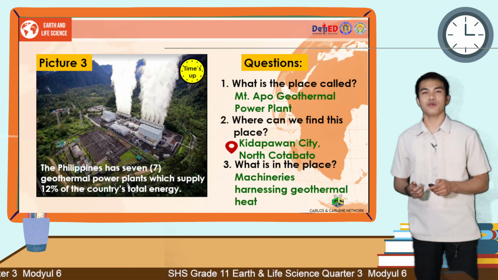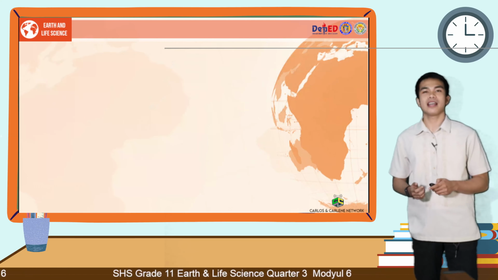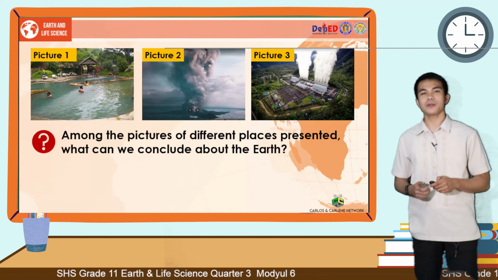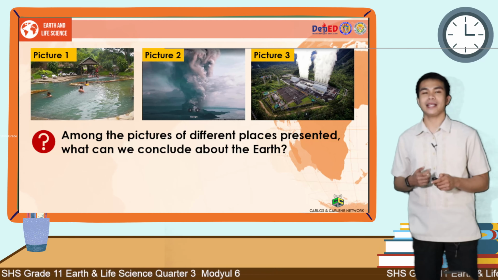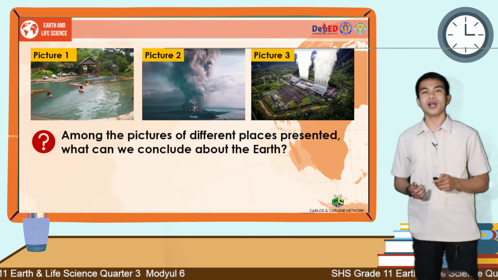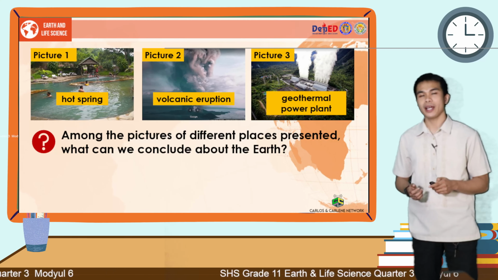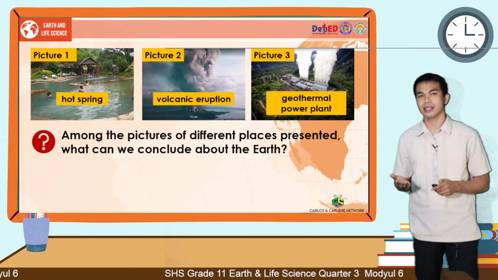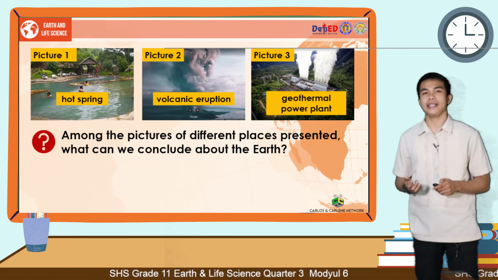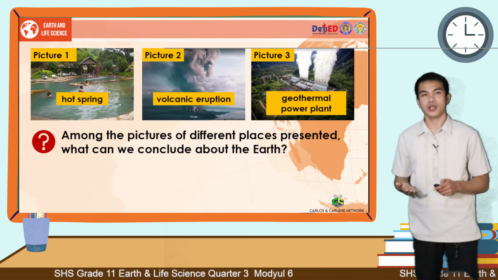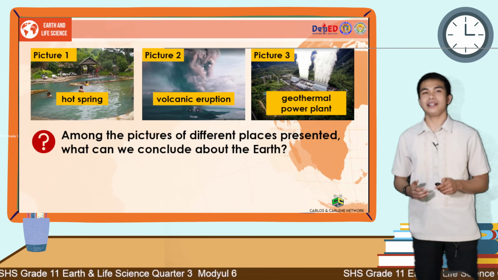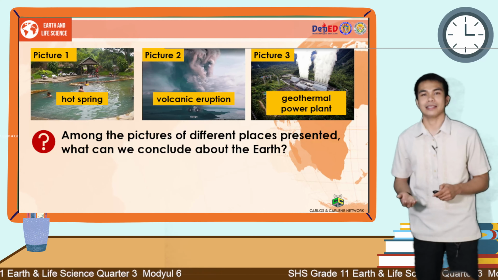Okay, thank you for answering those questions. Now, among those pictures of different places presented to you, what can we conclude about the Earth? So, for picture number 1, we can see a hot spring. For picture number 2, there is a volcanic eruption. For picture number 3, there is a geothermal power plant.